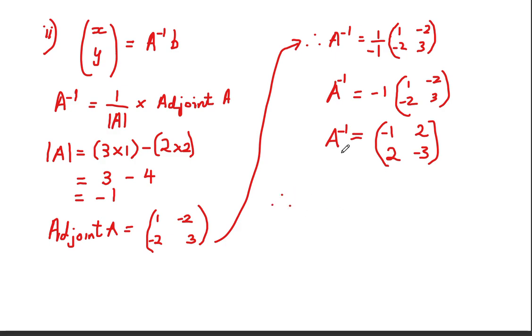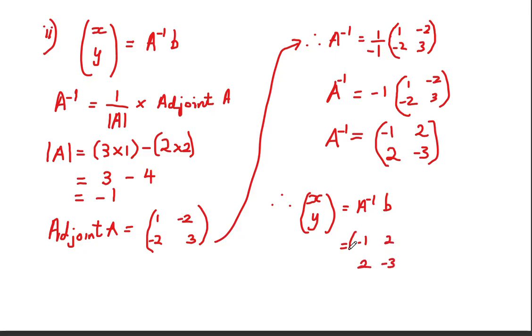Now that we have found A inverse, we can now find xy. Let's go back to the statement that xy is equal to A inverse multiplied by B. A inverse multiplied by B is going to give us xy. So let's now write this out. A inverse was found to be -1, 2, 2, -3.